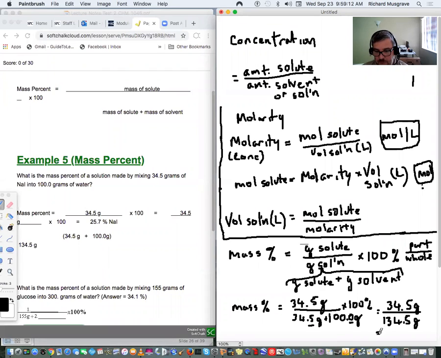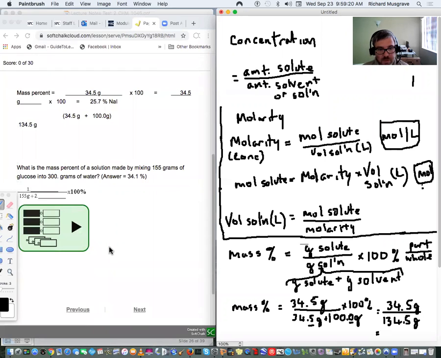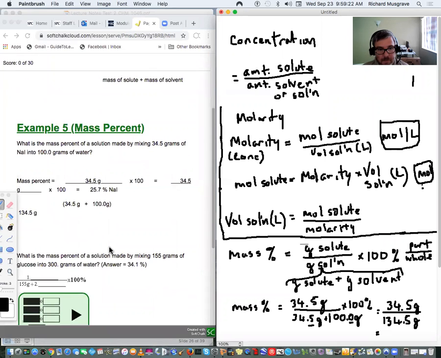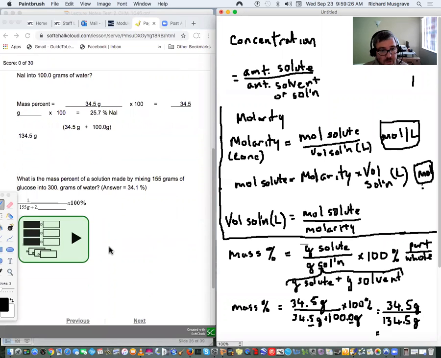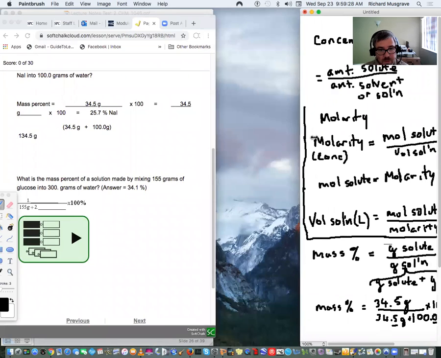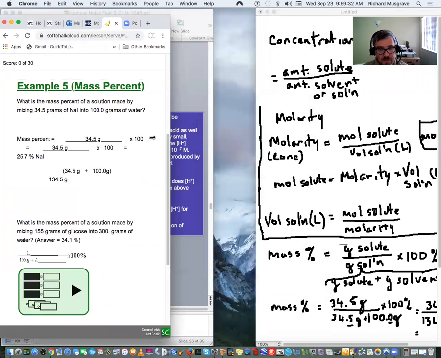And this ends up being 3 significant figures at the end. So that's going to end up giving us our final answer, which is going to be 25.7%.